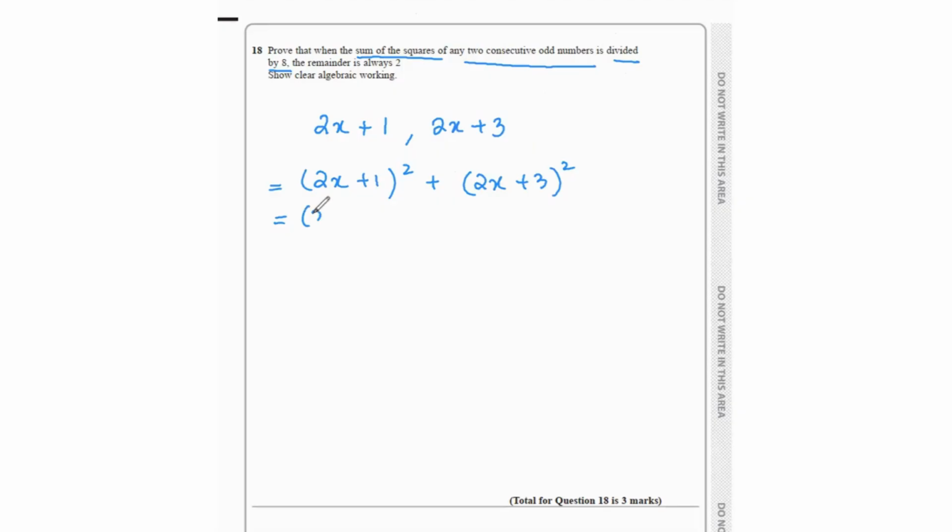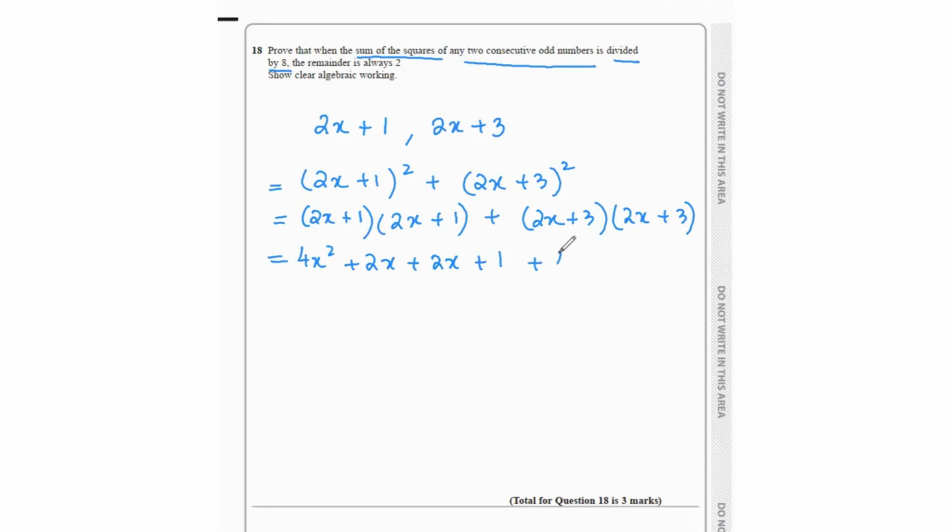Expand the brackets: (2x plus 1)(2x plus 1) plus (2x plus 3)(2x plus 3). That's 4x squared plus 2x plus 2x plus 1, and then again 4x squared plus 6x plus 6x plus 9.